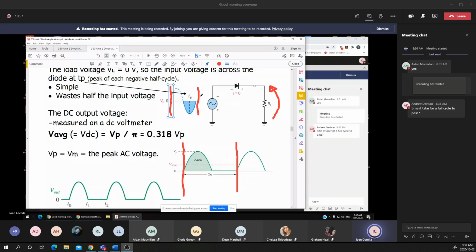What did you notice? You notice that the period of the output voltage is the same as the period of the V in or the input voltage. Now, that's for a half-wave rectifier.